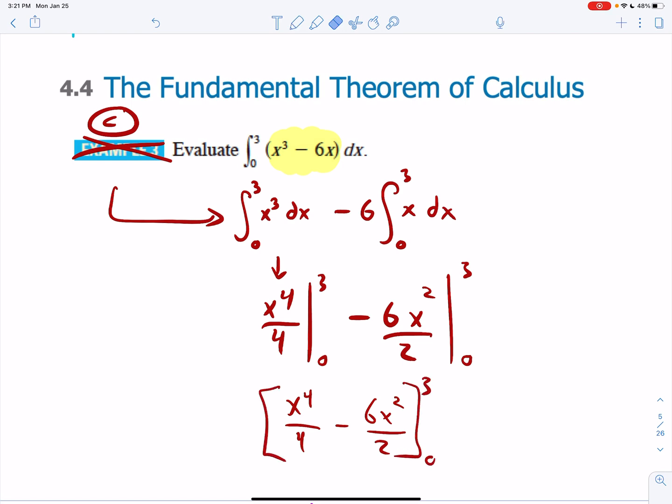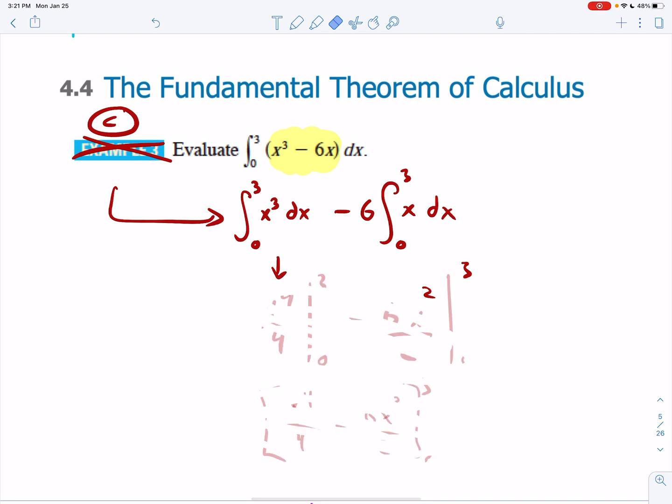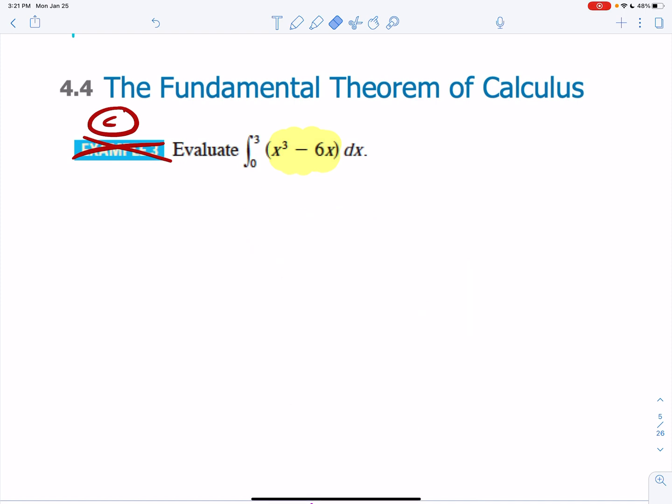Okay, so here's what I would like for you guys to eventually do, and I know I'm erasing all of this. Here's what you do. You take a look at the yellow highlight. You integrate that guy. Okay, the integral of x cubed minus 6x is x to the 4th over 4 minus 6x squared over 2. Yes, I understand that 6 divided by 2 will give me 3, and you could definitely do that.